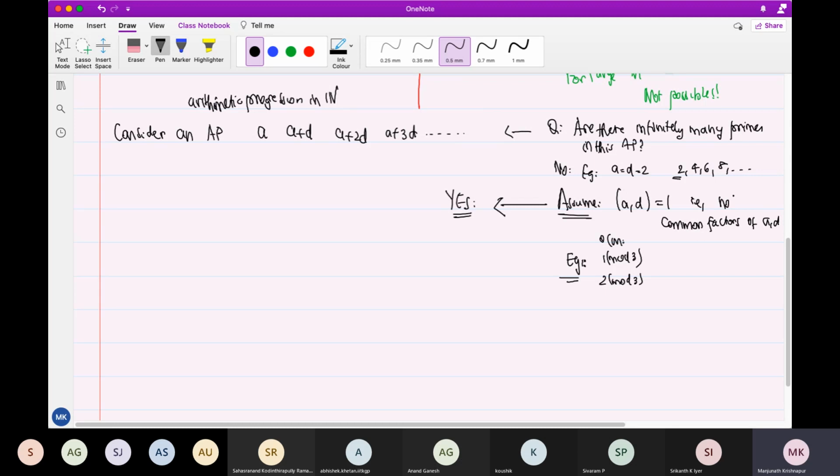There is also 0 mod 3. 0 mod 3 are 3, 6, 9, 12, these numbers, and then 1 mod 3 is 1, 4, 7, etc., and 2 mod 3 is 2, 5, 8, and so on. Of course, we don't expect the 0 mod 3 class to have infinitely many primes, because all of them are divisible by 3. Only one prime number is there. Forget that. So the question is, are there infinitely many prime numbers here and are there infinitely many prime numbers here?